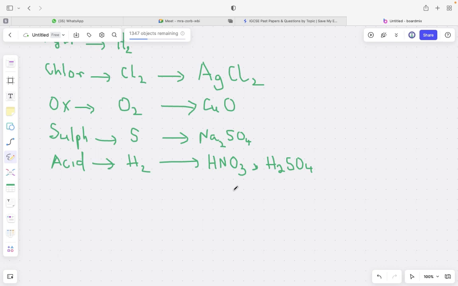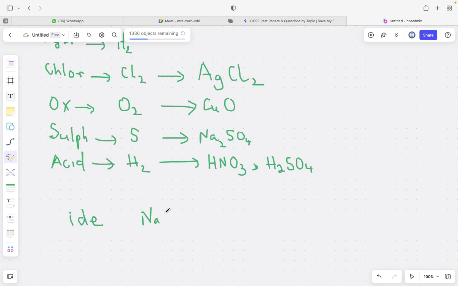For example, when the name of the compound ends with IDE, like sodium chloride. You see the chloride in sodium chloride, right, it ends with IDE.